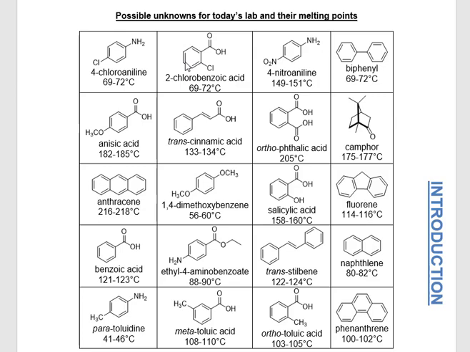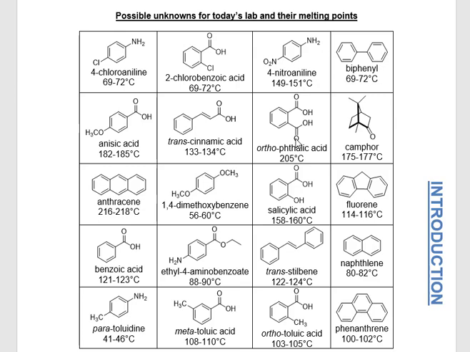You can have an acidic compound, especially if you see "acid" at the end of the name. That's a key indicator. It has this carboxylic acid functional group, so this is an acidic compound. Same thing again: acidic compound, acidic compound, acidic compound.